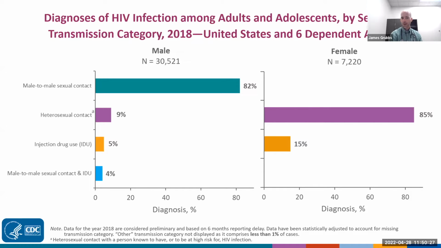For women, the primary risk factor we spoke about was heterosexual contact, but injection drug risk accounts for a larger proportion of women with new diagnoses of HIV. But there are fewer women with diagnoses. You see that the N at the top of the charts for women is around 7,000 versus around 30,000 for men, so less than a quarter as many women as men being diagnosed.